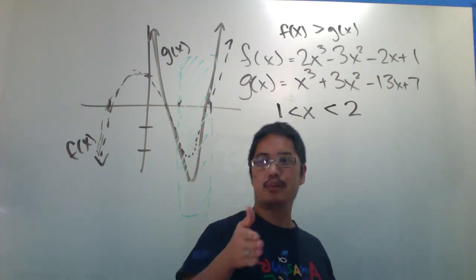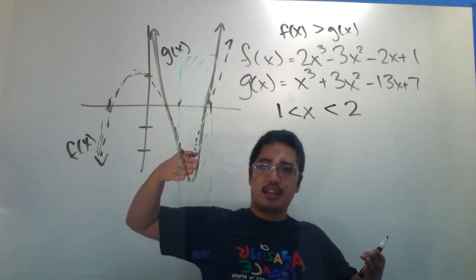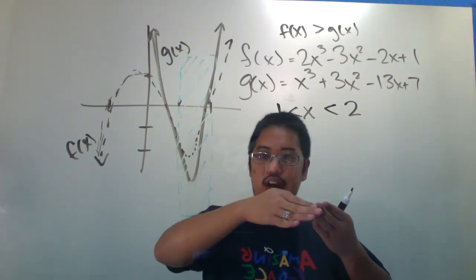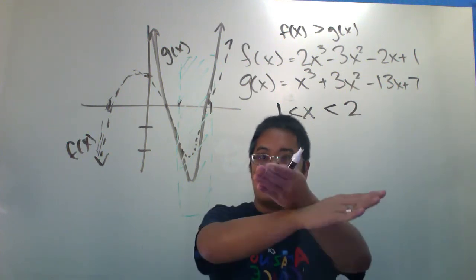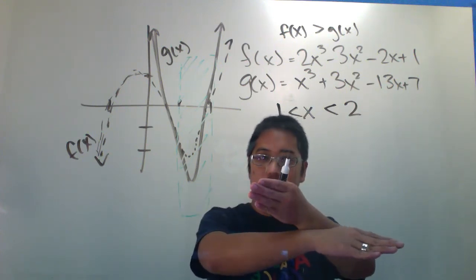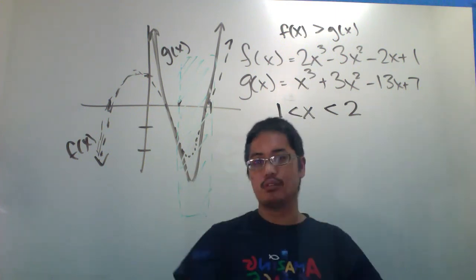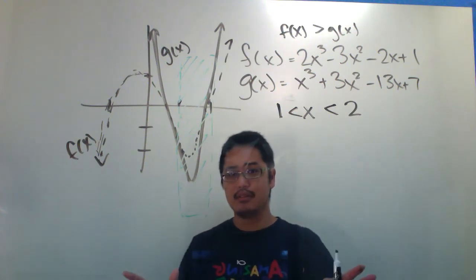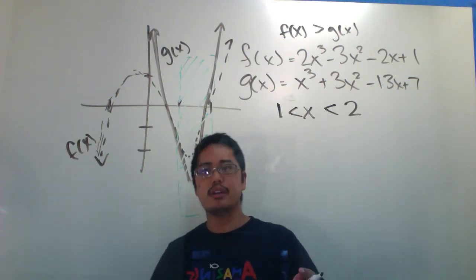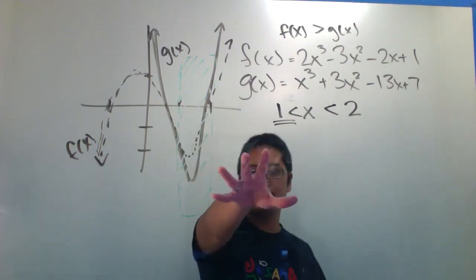If one is bigger than the other, and then right after x equals 1 the other is bigger, so they switch sides, then right at the part where they switch sides, they should be equal to each other. That's what I'm saying. This was just a guess from looking at the picture.